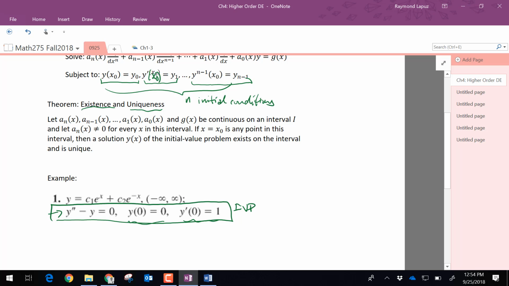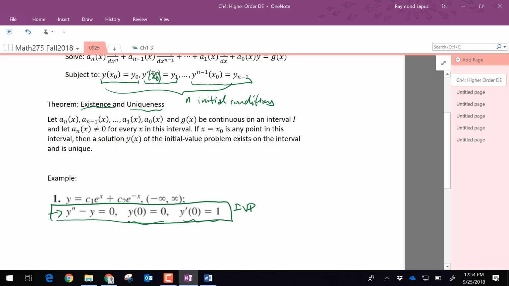And in this particular problem, just kind of like as a warm-up, they want us to check to see if we can find a unique solution in this y equals c1 e to the x plus c2 e to the negative x. So they're saying that this is a solution, and we want to find a value for c1 and c2 that would make this fit.